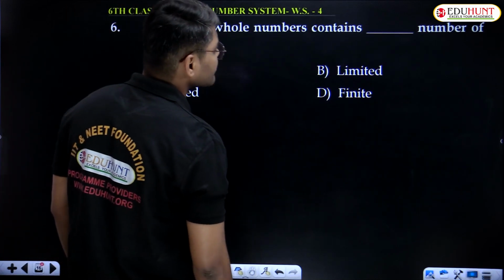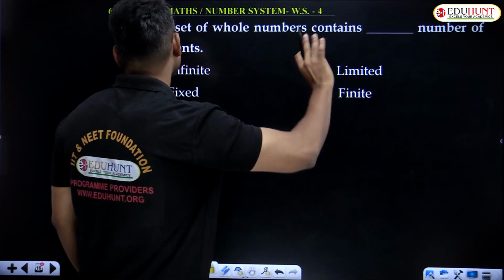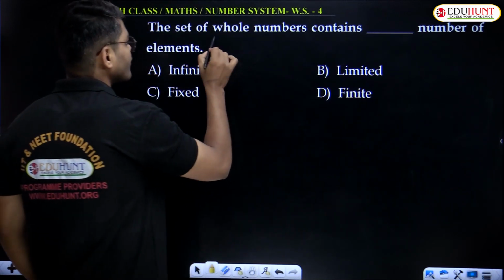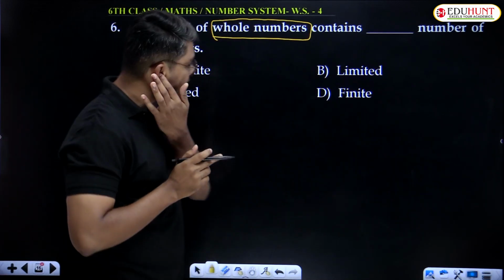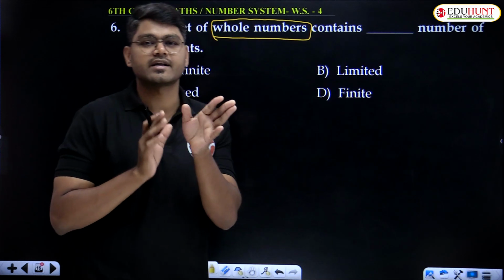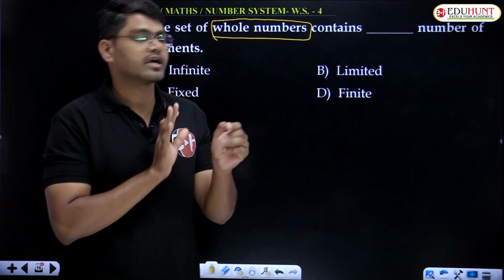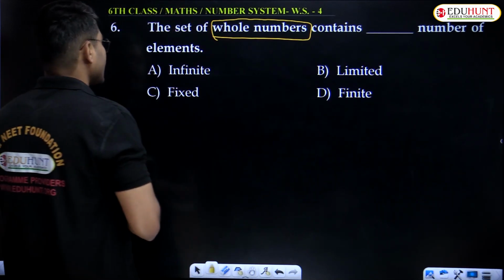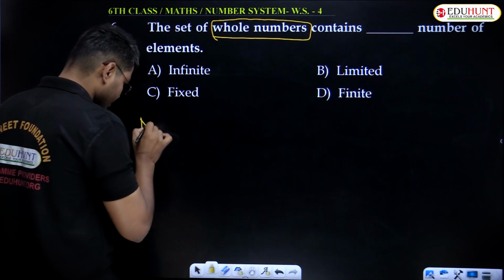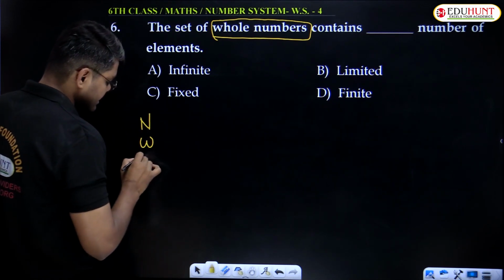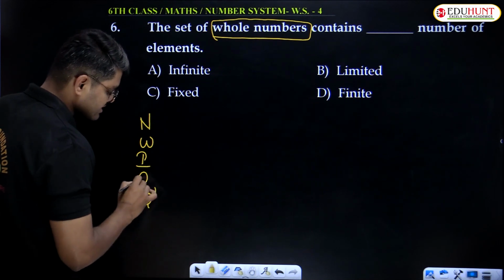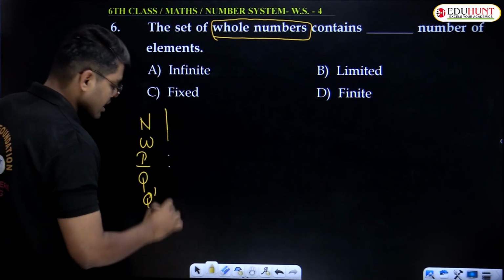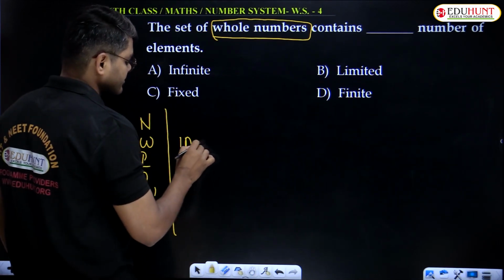The set of whole numbers contains dash number of elements. Set of whole numbers, already we have discussed. Previously I explained natural numbers, whole numbers, integers, rational numbers, irrational numbers, and real numbers.